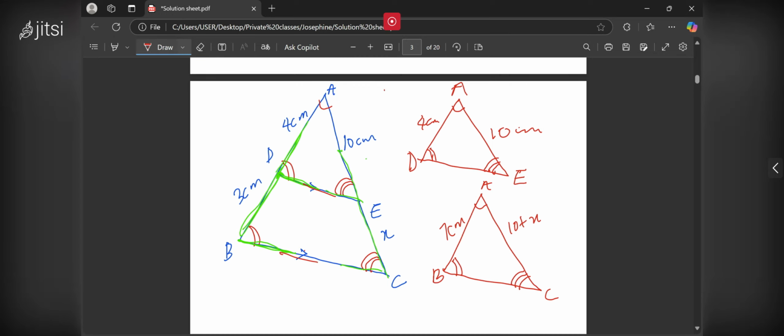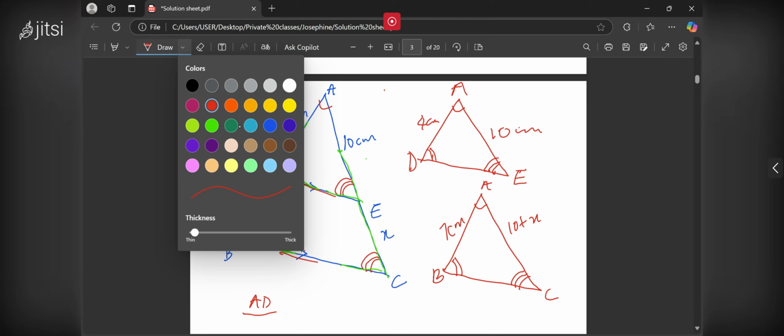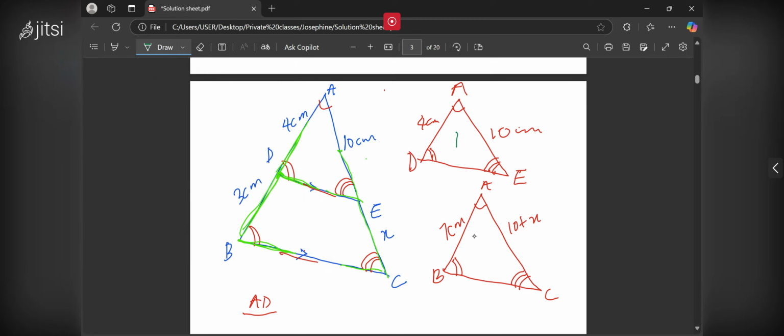I'm going to pick the first one. Let me pick AD. AD corresponds to which side in the other triangle? I'm talking about this, the first triangle, and this, the second triangle.